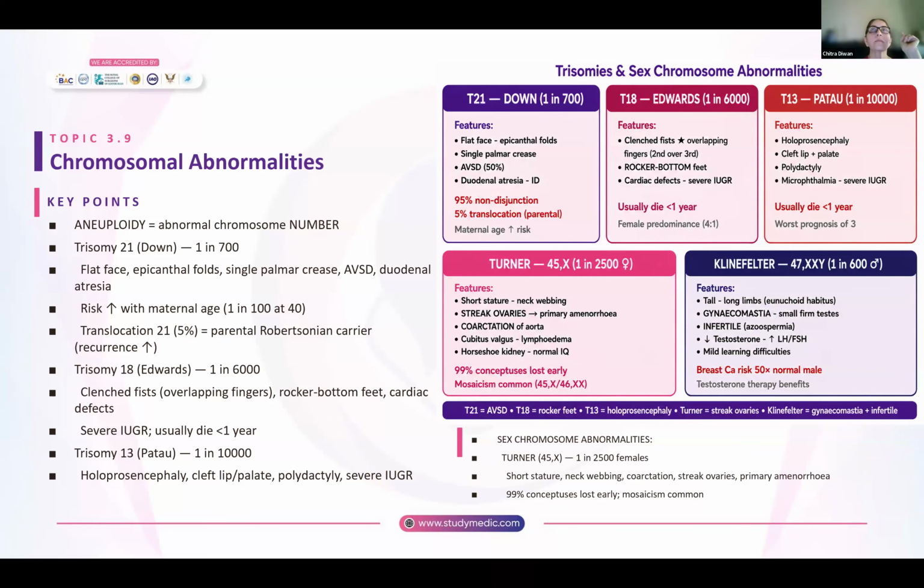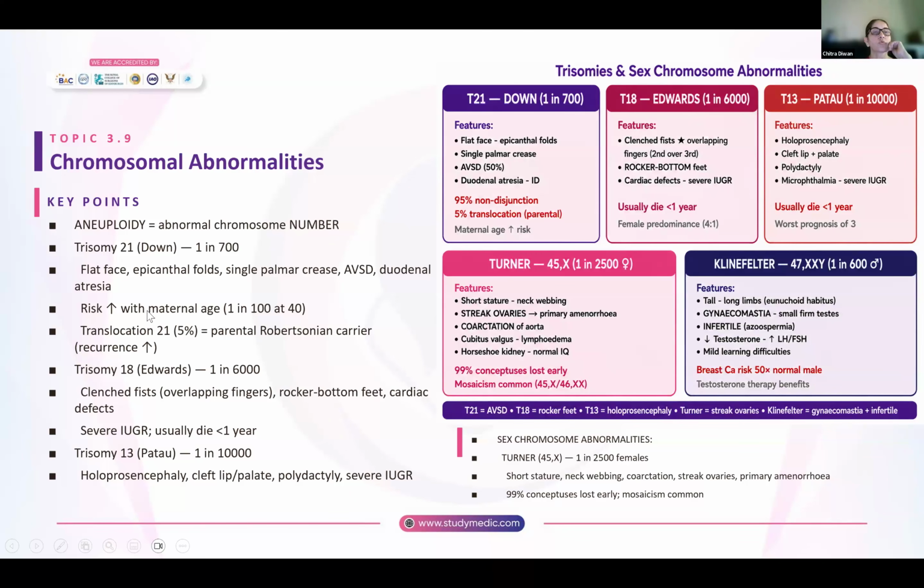Now, other than defects in disjunction at meiosis, there is another method in which you can get Down syndrome. If there is a translocation happening, or Robertsonian translocation, which happens in acrocentric chromosomes, so 13, 14, 15, 21, 22.